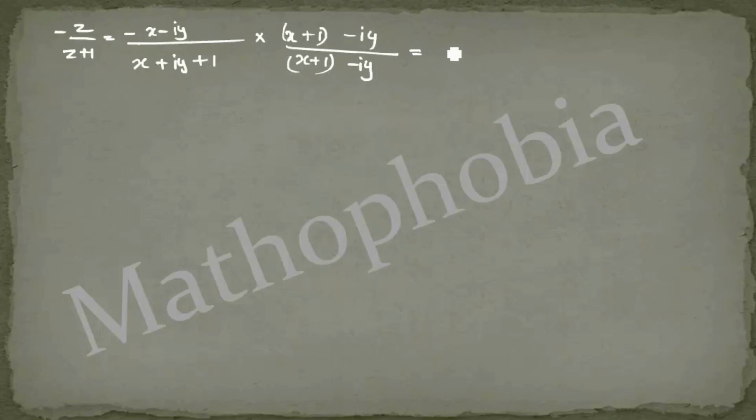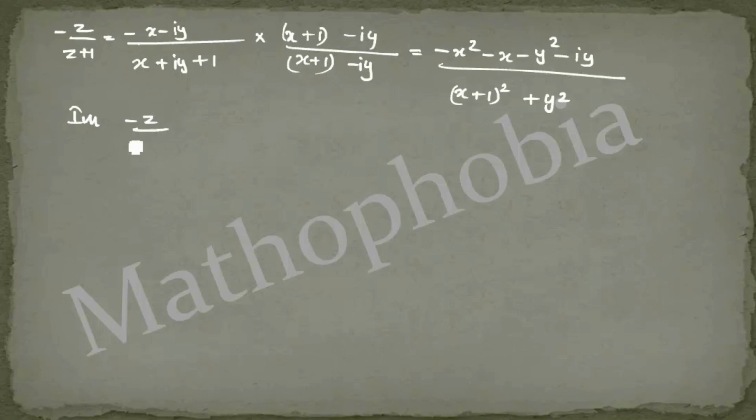So conjugate multiply பண்ணி solve பண்ணா we'll get minus x square minus x minus y square minus iy by x plus 1 whole square plus y square. So the imaginary part of minus z by z plus 1 will be equal to minus y by x plus 1 whole square plus y square. இதுவும் less than 0. So minus z by z plus 1 does not belong to h.